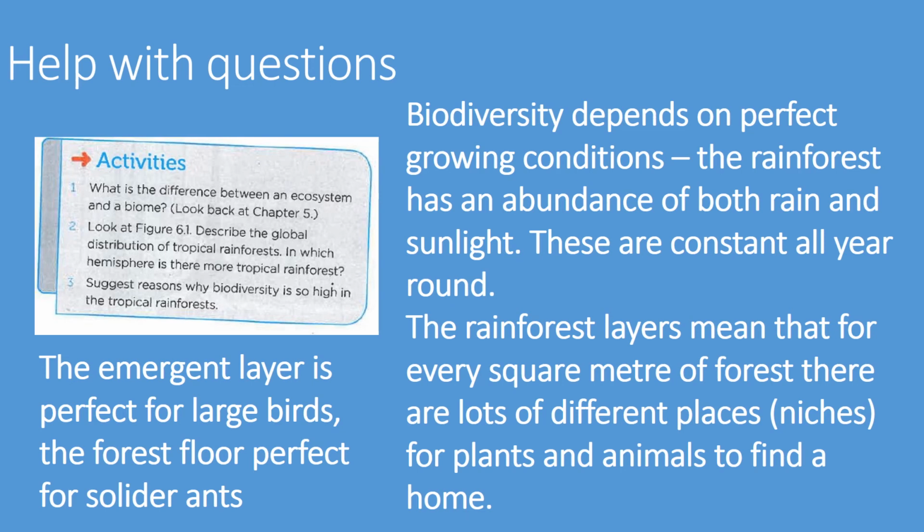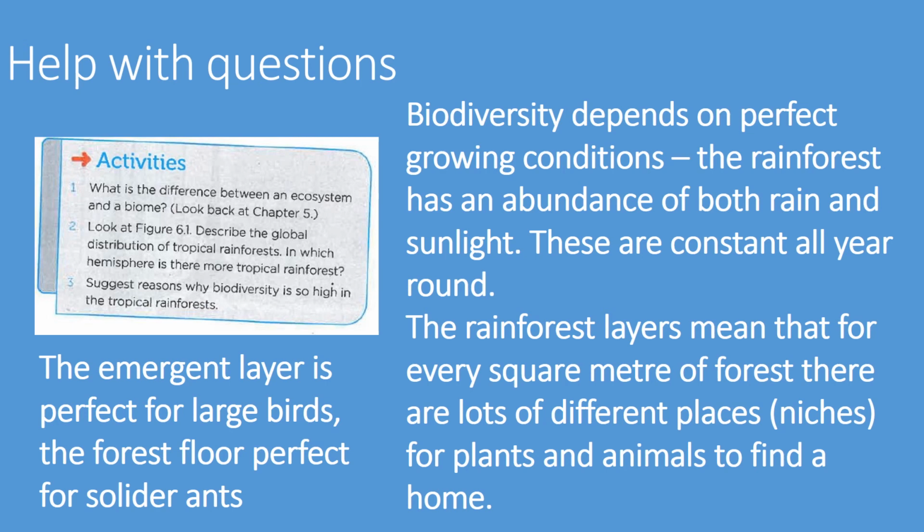And the other thing is to go back to those layers. Remember the analogy I gave of John Lewis with all the different floors. Okay, that means that for every square meter of forest, there are lots and lots of different places, we call these niches, for the plants and animals to find a home. So, for example, if you're a large bird, you probably live in the emergent layer, okay, because you can fly from the tops of trees. You get a really good view, especially if you're a bird of prey. If you want to see your prey, you can see it really well.